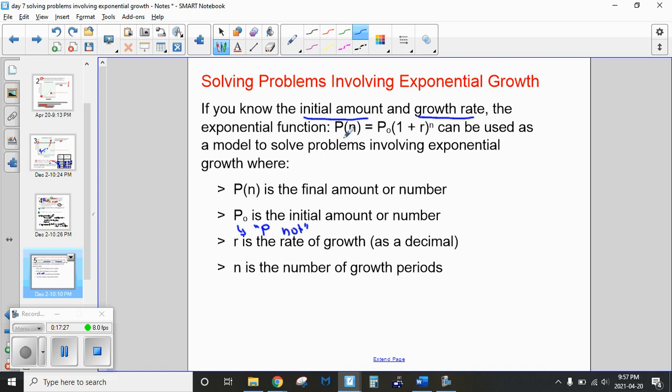And in the last one, it was the amount covered. This could be anything that's growing, like a population or something like that, depending on how many times it has grown. So the number of growth periods is n. Our function depends on that, and that shows up in the exponent.